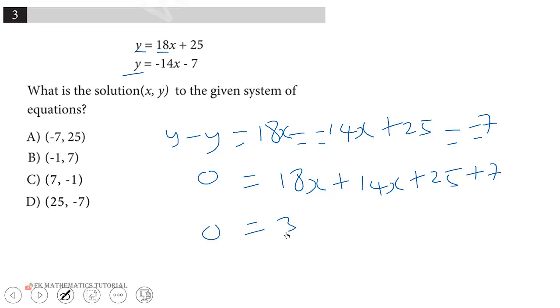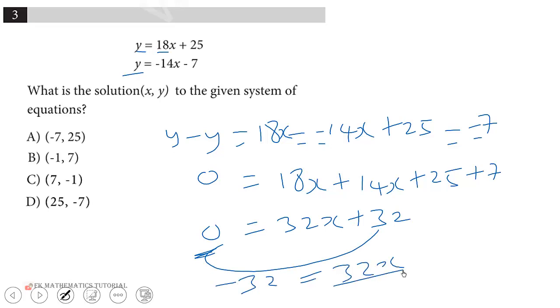So 0 is equal to 32x plus 32. So you can bring the 32 here. You subtract 32 from both sides. So we have negative 32 is equal to 32x. Dividing both sides by 32, you get x equal to negative 1, or x equals negative 1.